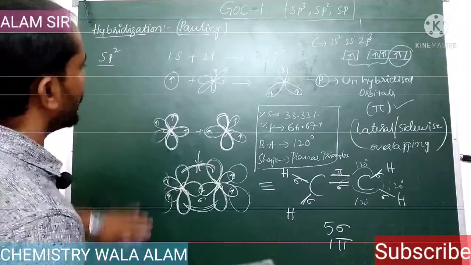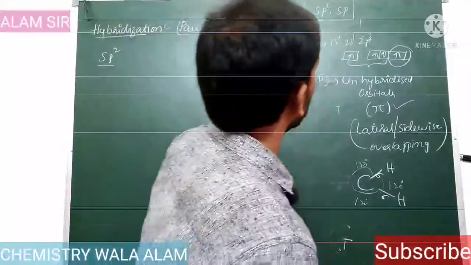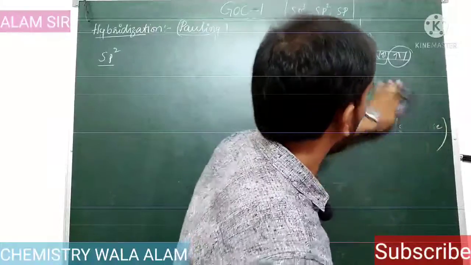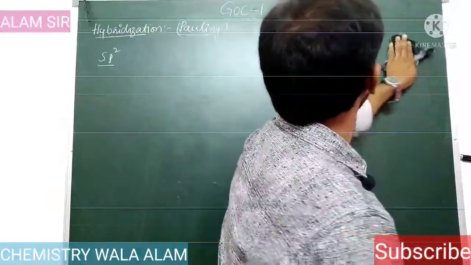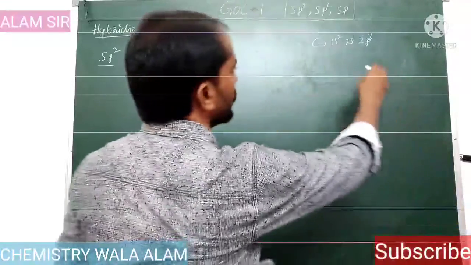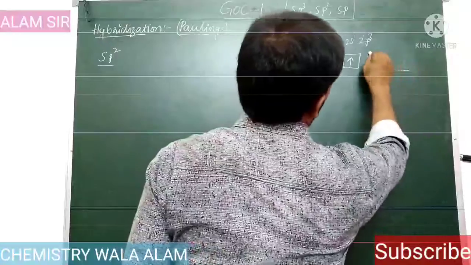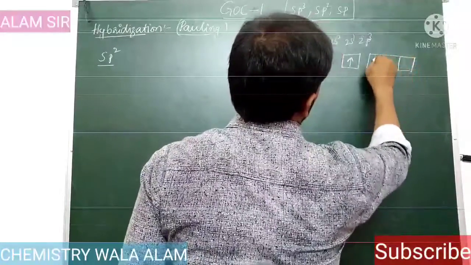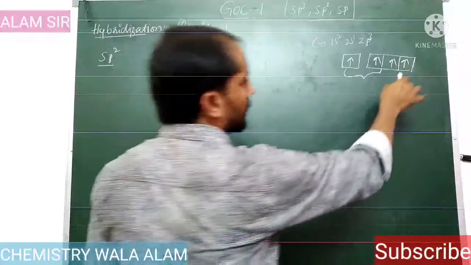Next, sp hybridization can be seen. In sp hybridization, only one s orbital and one p orbital are involved, intermixing only one s and one p.